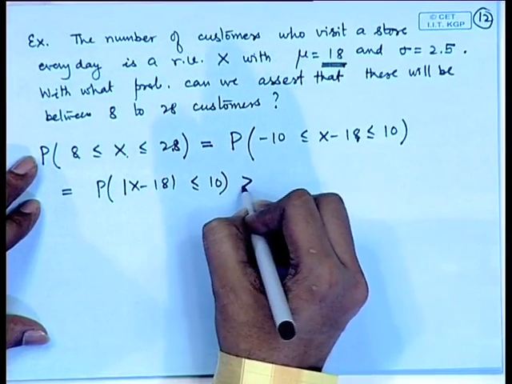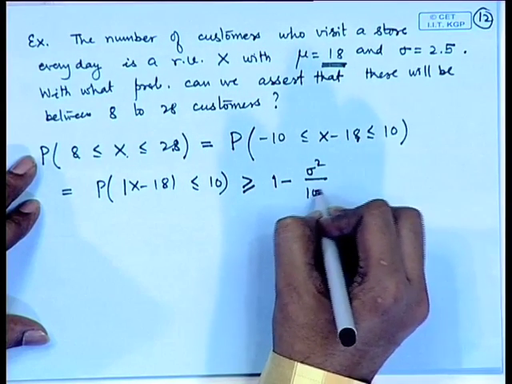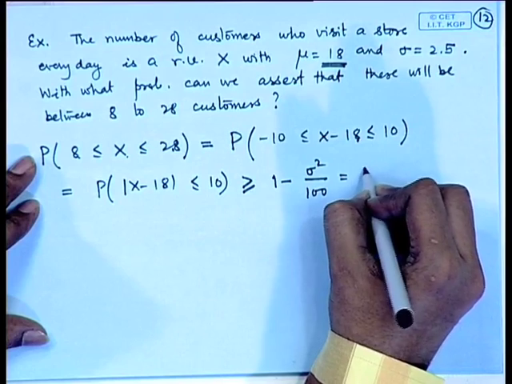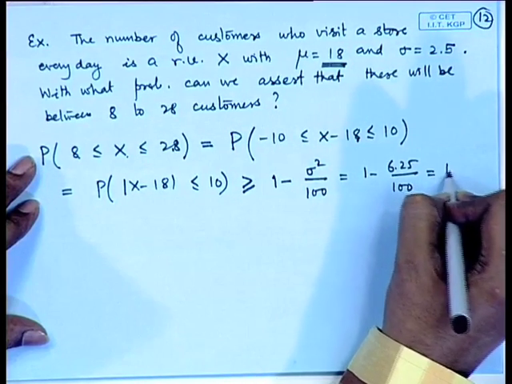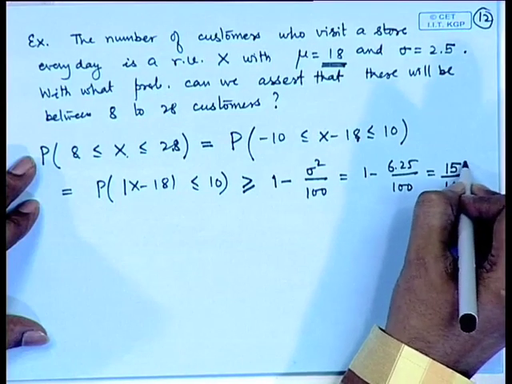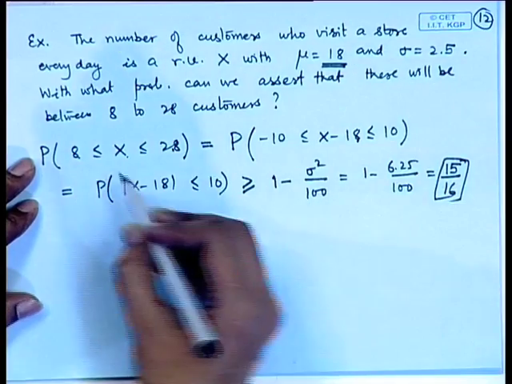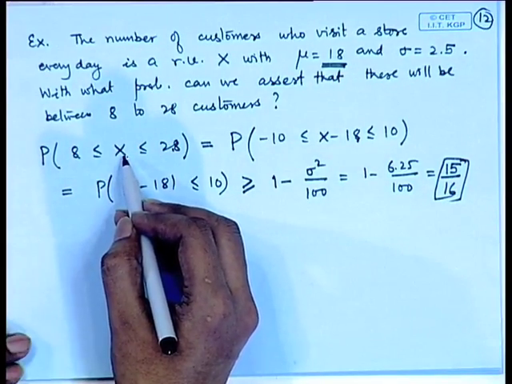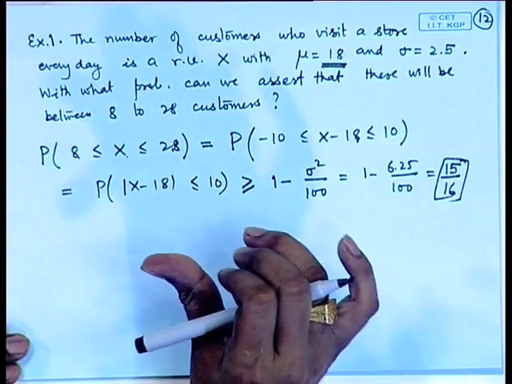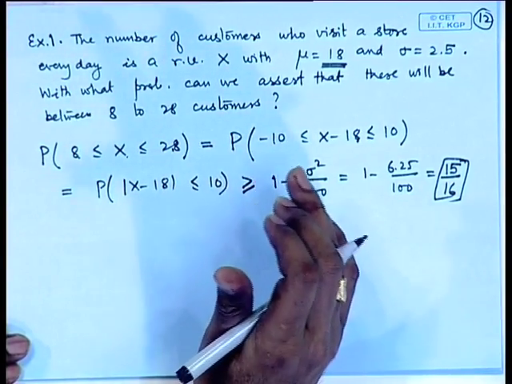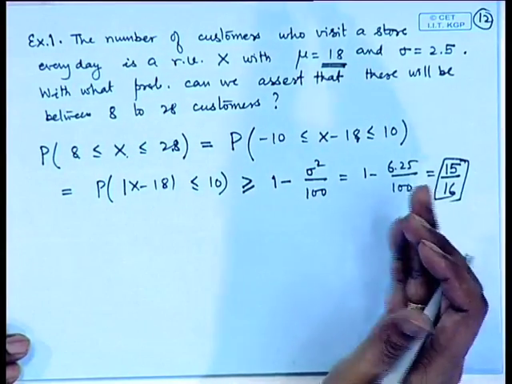By Chebyshev's inequality, it is greater than or equal to 1 minus sigma square by 100, that is 1 minus 6.25 by 100, or 15 by 16. You can see that this is a very high probability for this event. So, although we do not have full information about the probability distribution of the random variable, we can tell about certain probability.